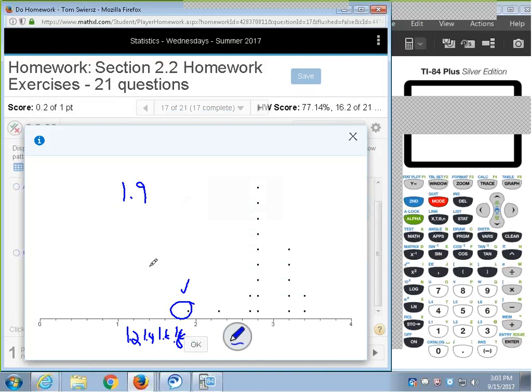This would be halfway between 2.2 and 2.4. 2.3 occurs once. Then 2.7 would be halfway between 2.6 and 2.8 and occurs twice. There it is. This is exactly 2.8, which occurs 9 times. Good. There's 3.2. That occurs 5 times. 3.4 occurs twice, so everything matches up.